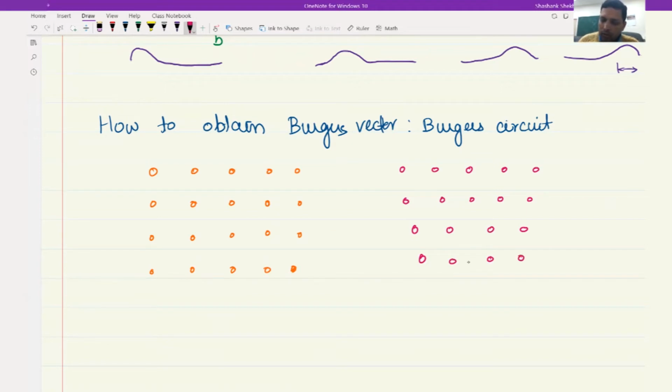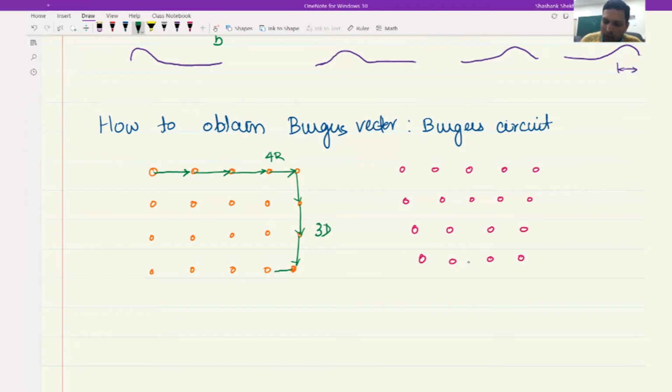So here, let's say we draw the circuit. So the circuit is to be drawn. If we are going, let's say, 4 steps right. So this is 4 right. Then we move, let's say, 3 down.